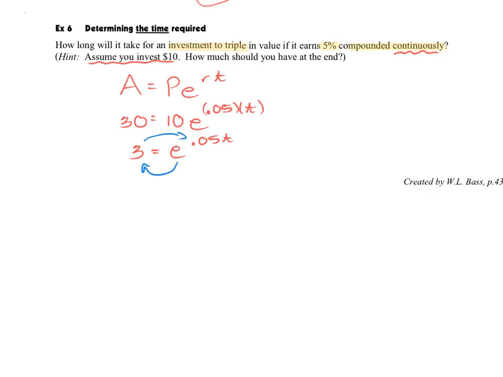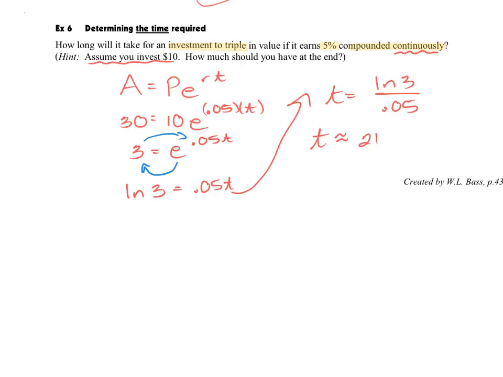Of course, log base e is going to become natural log, and then we'll have natural log of 3 equals 0.05t. So our time is going to be our natural log of 3 divided by 0.05. So our time is going to be approximately 21.97 years, which makes sense because 5% isn't a very, very fast rate of growth.